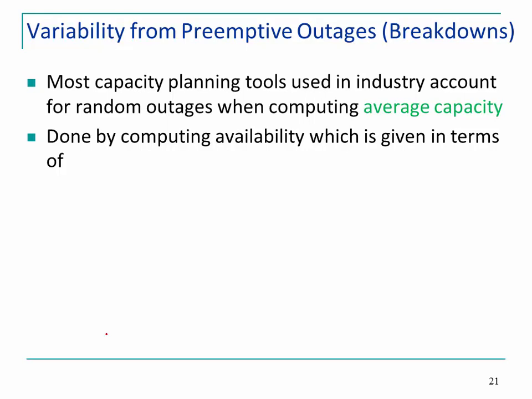This is done by computing the availability, which is given by the following equation. First, we need to define two parameters. MF is the mean time to failure, and MR is the mean time to repair.